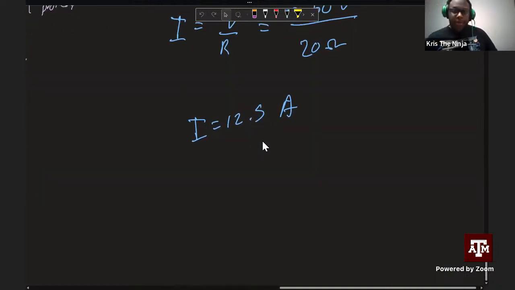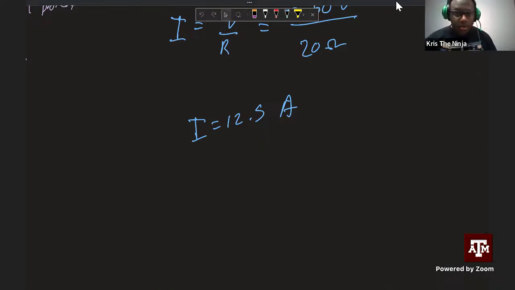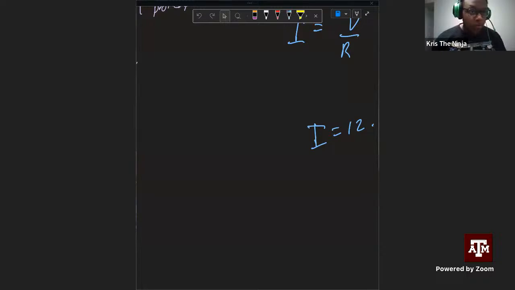So if we have 12.5 amps, that is quite a lot of amps. Let me pull up something just to give you a frame of reference. So we're just going to go to OSHA.